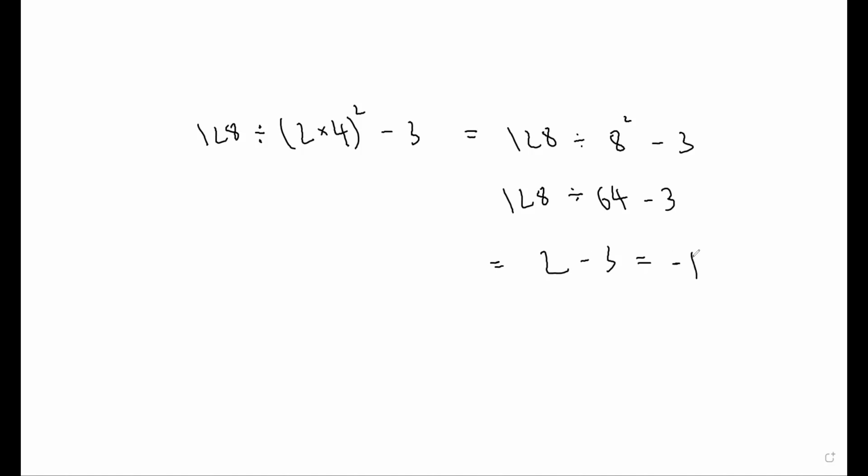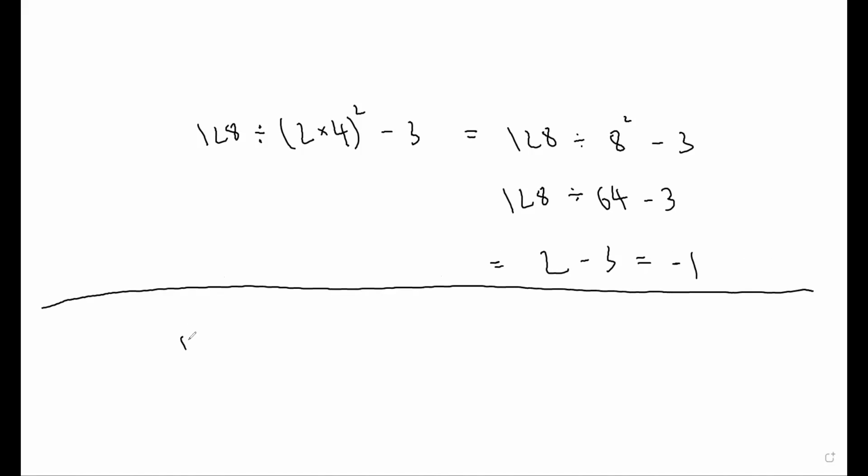So that one wasn't too bad, but of course you do have to know the definition of exponents in order to solve that one. And then we have another one that kind of looks the same, but it is different. This one is 128 divided by, in brackets, 2 times 4 squared minus 3.